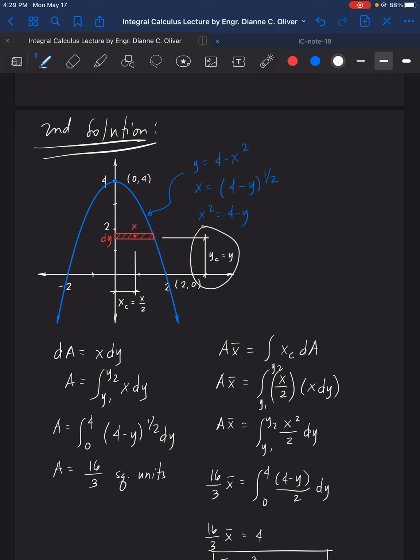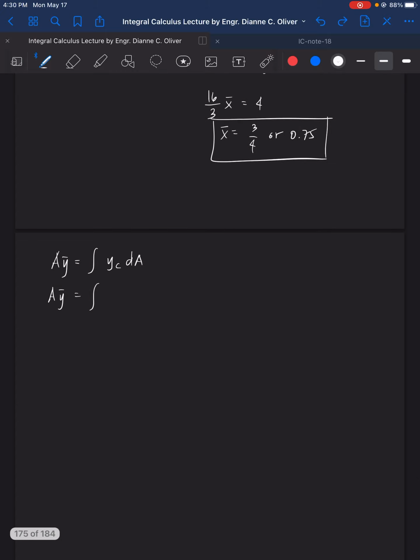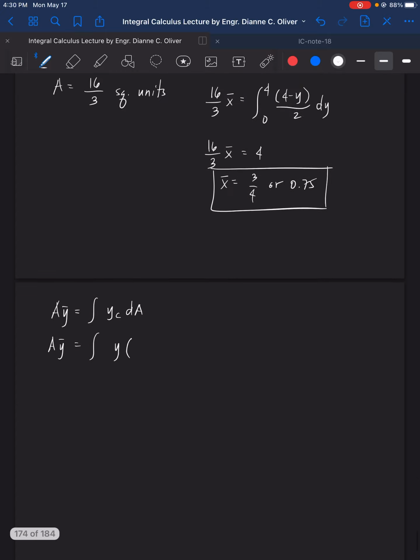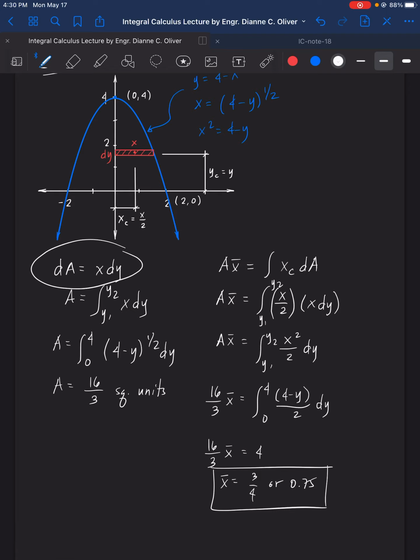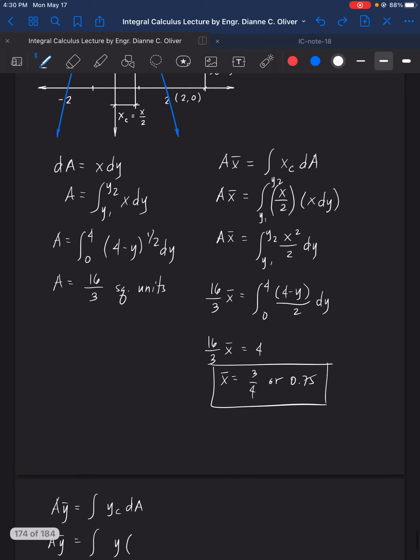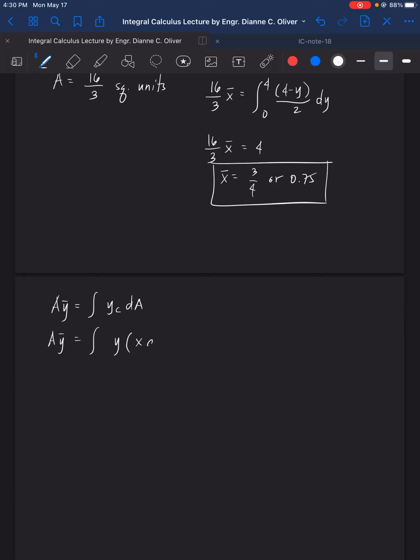So yc is equal to y. Then dA is x dy, so we have y1 to y2.